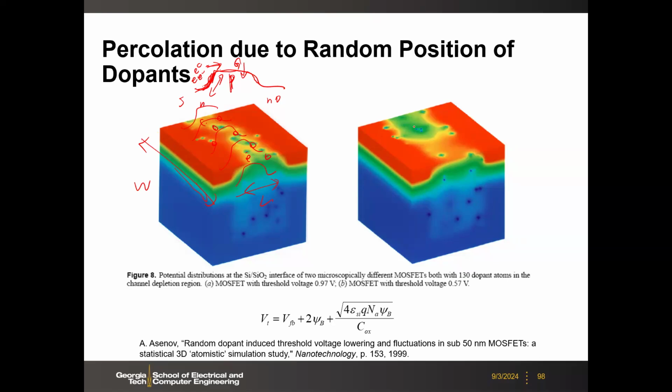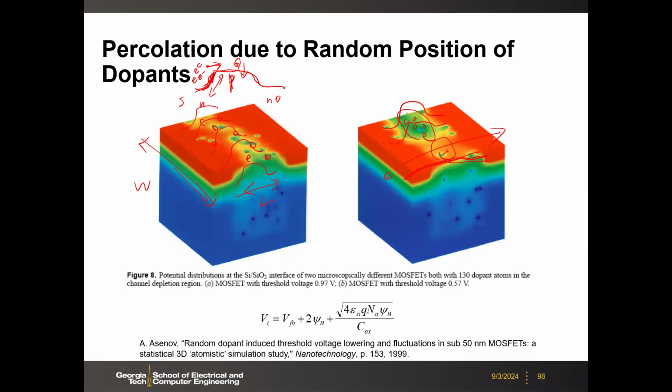But if you're unlucky, and you have dopants here, and here you do not have much dopant, then you will only have the barrier here, but here you will have a very flat potential. Then electrons can easily go through.